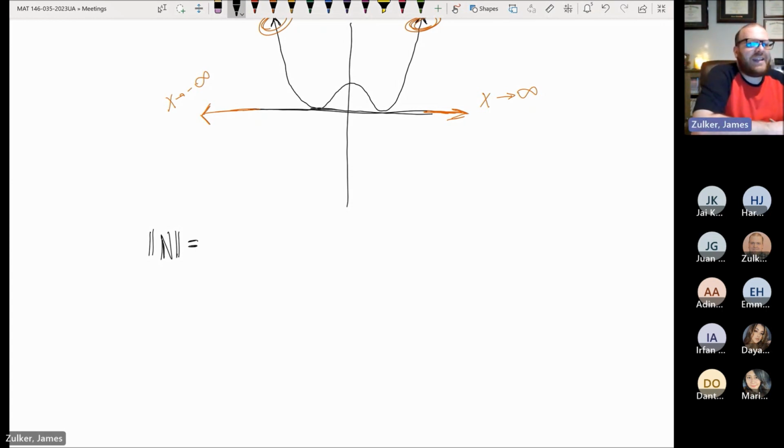However, we've defined this cardinality to be, can I draw it right? I'm glad I looked it up.